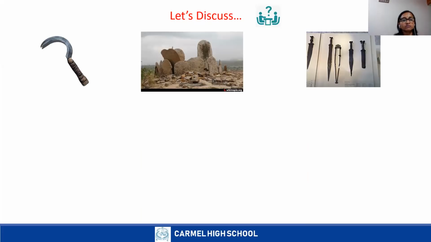Observe the picture given below that text Iron Age. What are those pictures? You can see the same picture on the screen also. The first one is a scythe, an iron sickle used for harvesting, and the second is a megalithic burial. The second picture, you can see that in the textbook also.